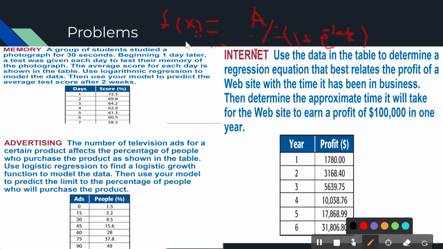There we go. This is our general formula for logistical growth.